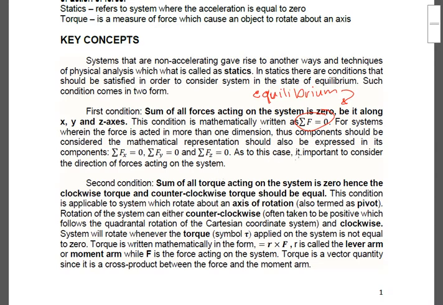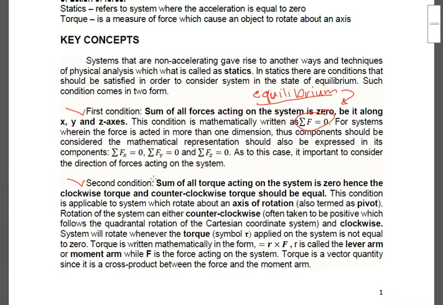There are two conditions when we talk about equilibrium. The first condition is that the summation of forces acting on the system is equal to 0, and the second condition is the summation of all torques. We are going to individualize these along the process.